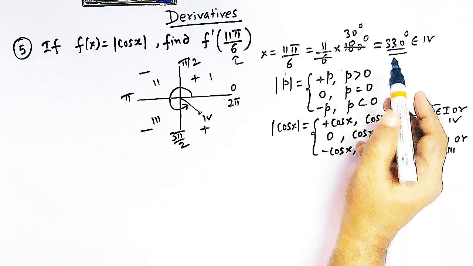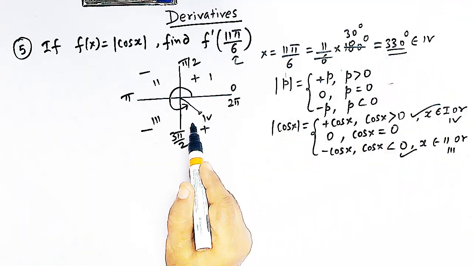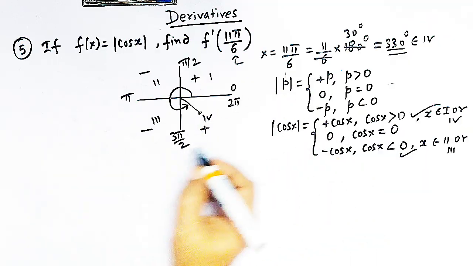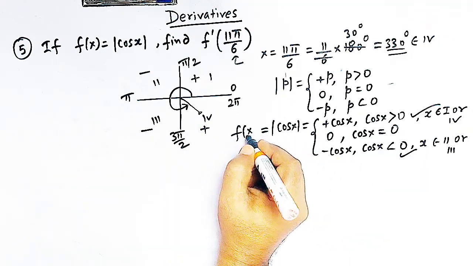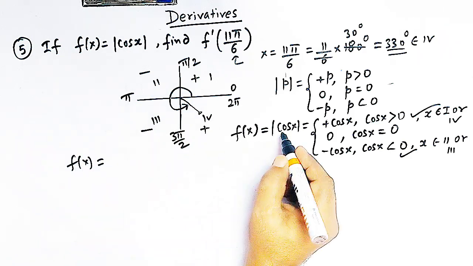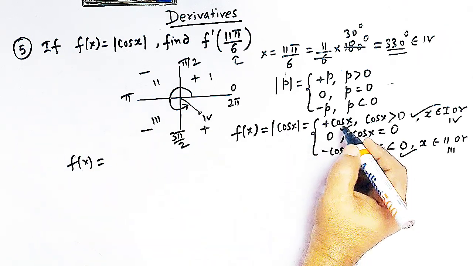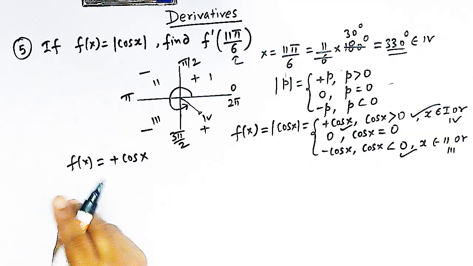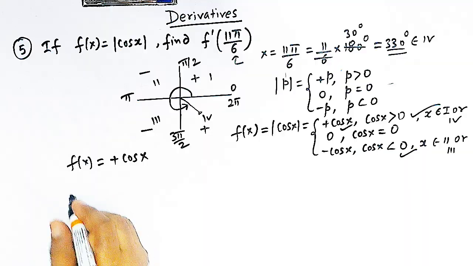So here x is 330 degrees, that is, it falls in the fourth quadrant. So we can now define our function f of x as mod of cosine x is equal to positive cosine x. So now we can find out the derivative.